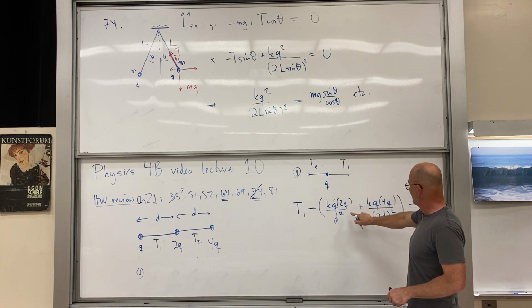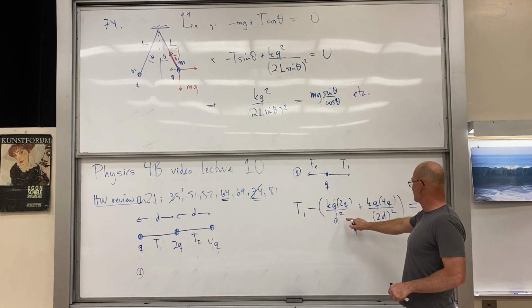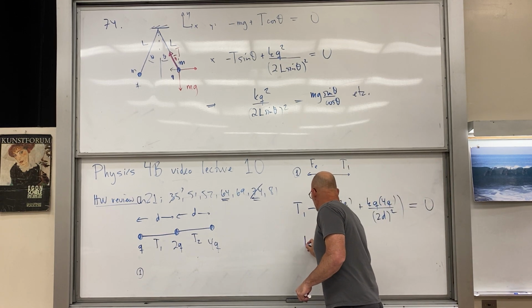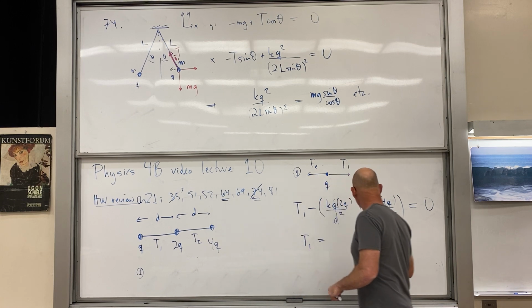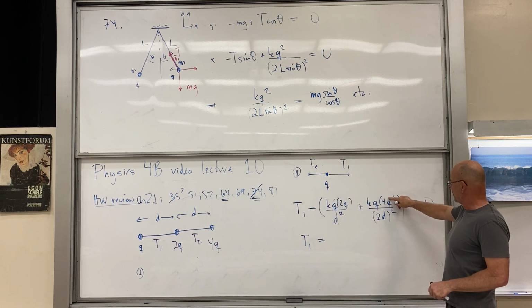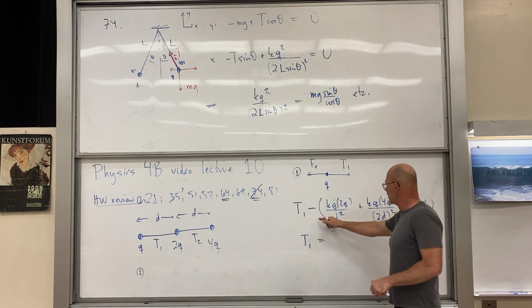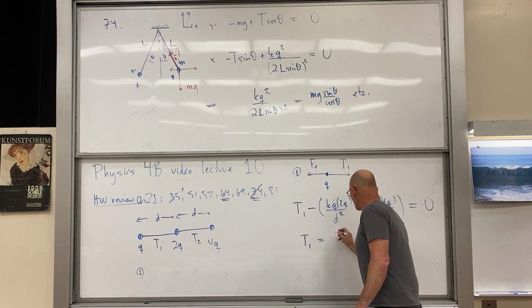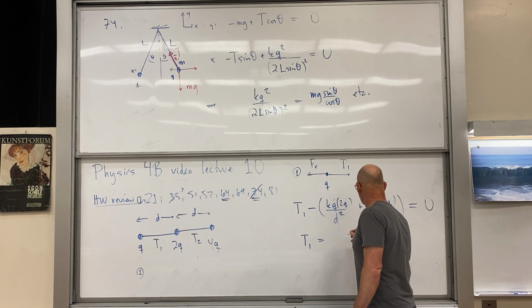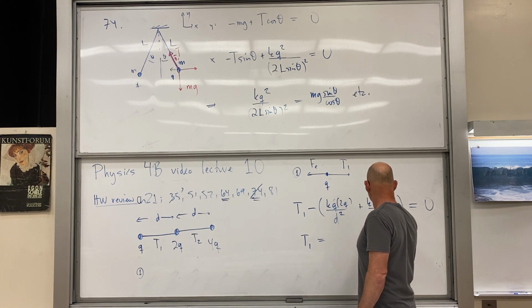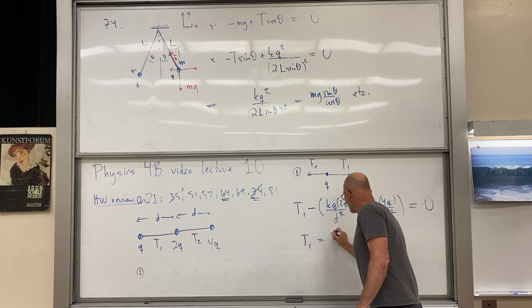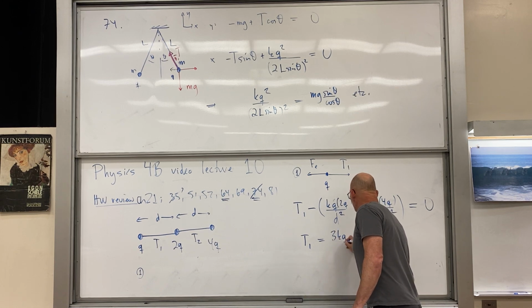We can see that we're going to have T1 is equal to, so what do we have? 4 over 4 and 2. So we can just bring this to the other side, and 4 over 4 is 1, and 2, we have 3KQ squared over D squared.